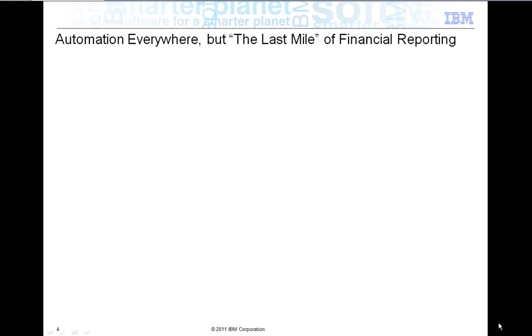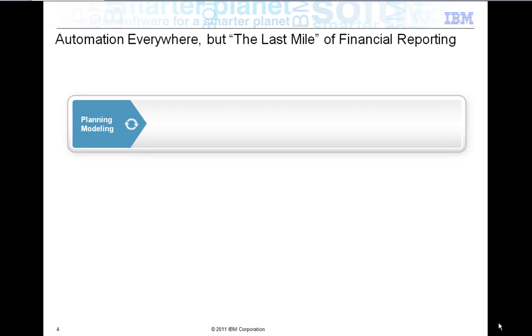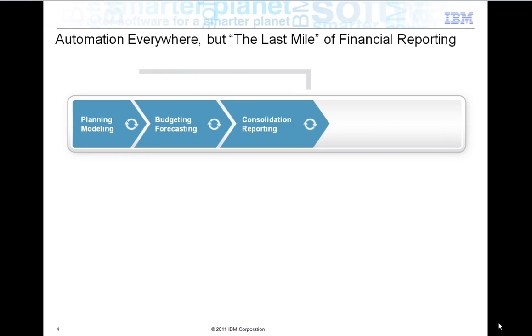So, automation everywhere but the last mile of financial reporting. This pretty much paints a picture of what your organization, generally speaking of course, has invested in, whether it be time, resources, and technology, for items such as planning and modeling, budgeting and forecasting, consolidation and reporting.